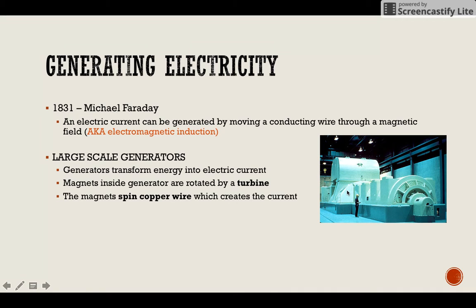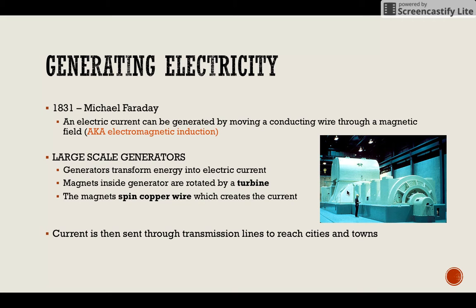Those magnets take copper wire and spin it, and it's that spinning motion that creates the current inside the generator. And from that, we can then send it through transmission lines into the cities and towns. And that's through those big power lines that you see.